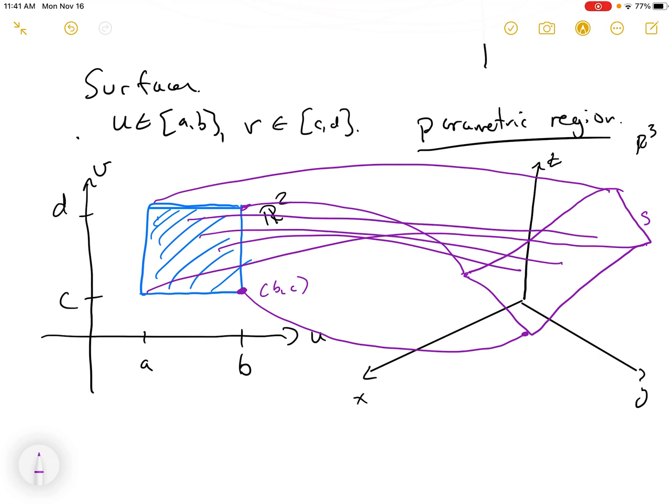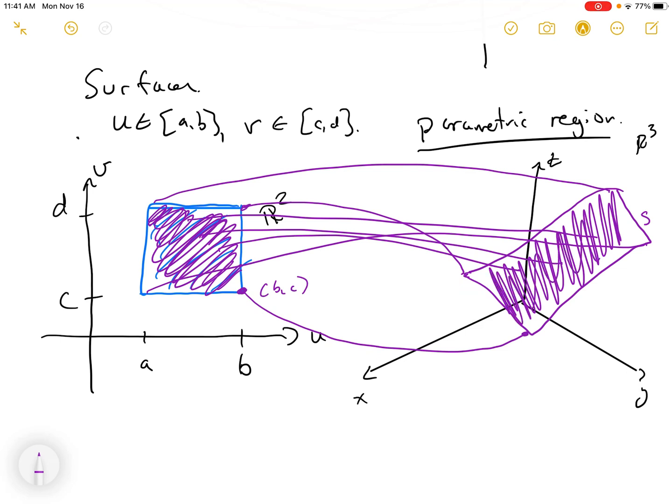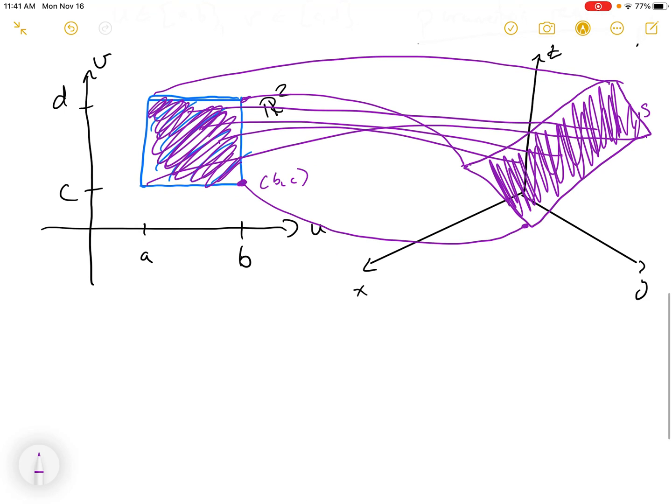So now we have this mapping from R2 onto R3, and as we run through this domain, our parametrization gives us this smooth surface. Okay. All right, so that is the picture of how these parametrizations work in going from uv to xyz. All right.